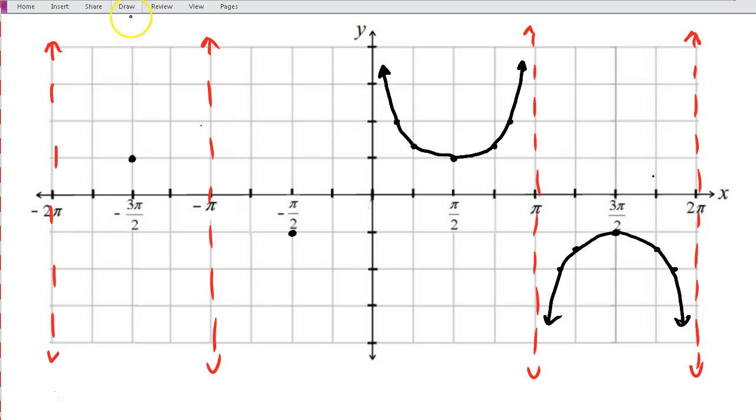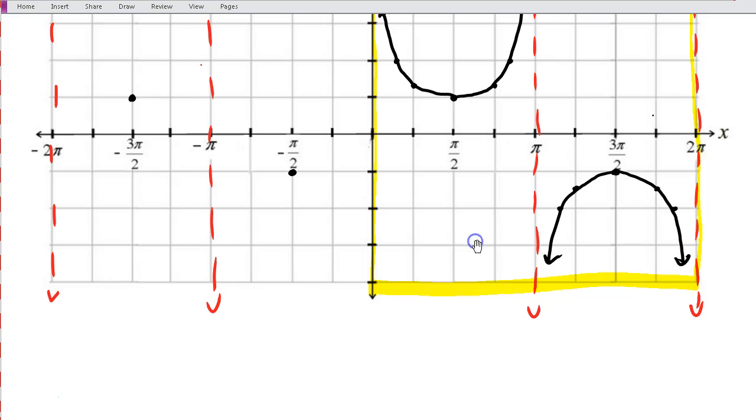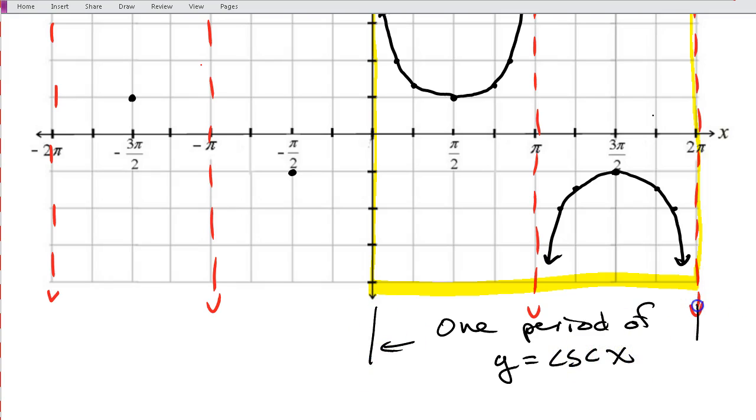And here we have 1 period of y equals cosecant x, or f of x equals, however you want to write it, cosecant x. So that's what we've got here.